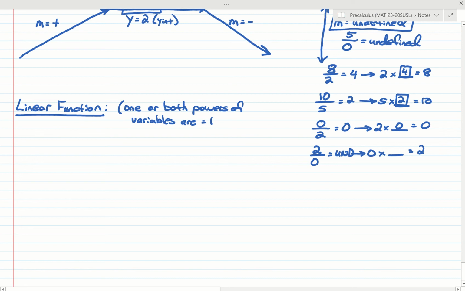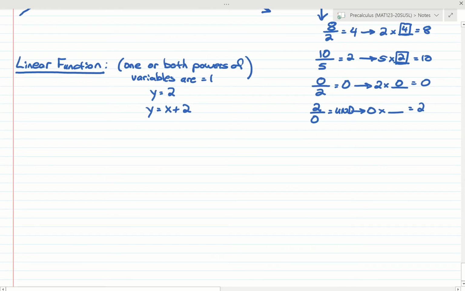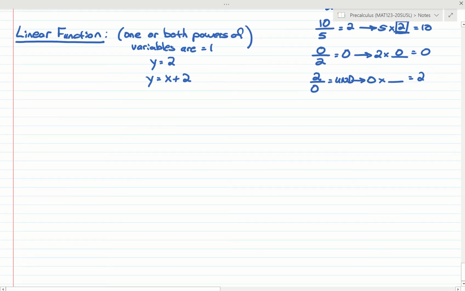If you had y is equal to 2, that's a linear function. If you had y is equal to x plus 2, that's a linear function. All right? If you have x is equal to a number, that's not a function. It's a line. When we talk about functions, you'll see why that's not actually a function.